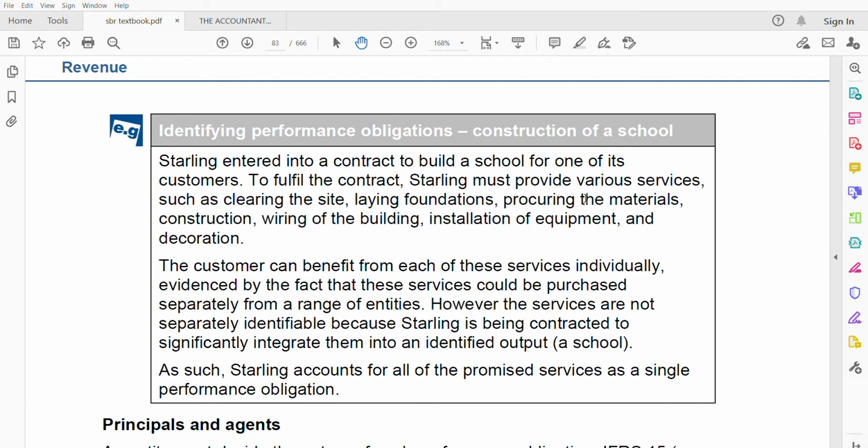Materials will be bought by someone else, wiring will be done by someone else, equipment will be installed by some party. So individually, you can benefit from this. It is purchased from a range of entities. You are using different entities to do all these tasks to build a school. However, the services are not separately identifiable because Sterling has been contracted to significantly integrate them into an identified output, the school. So they are not identified separately.